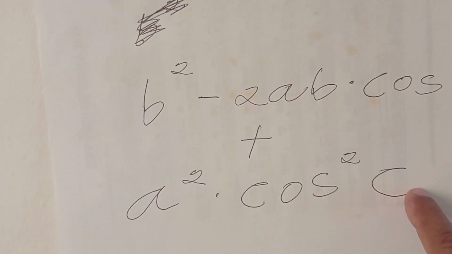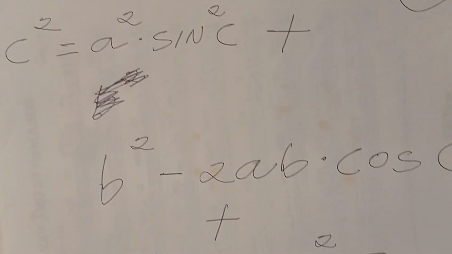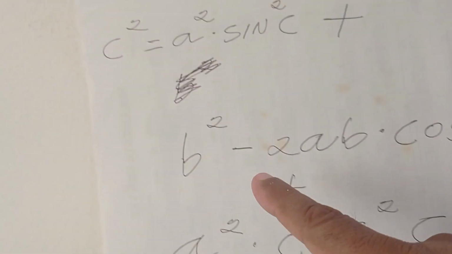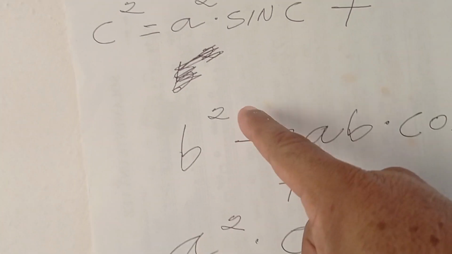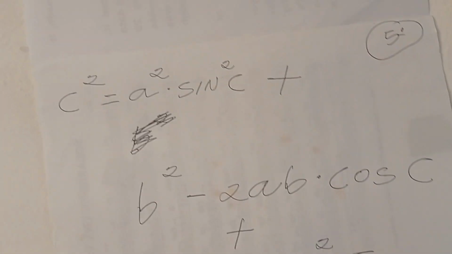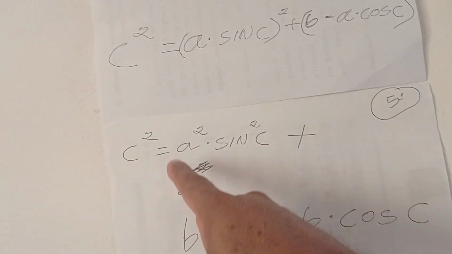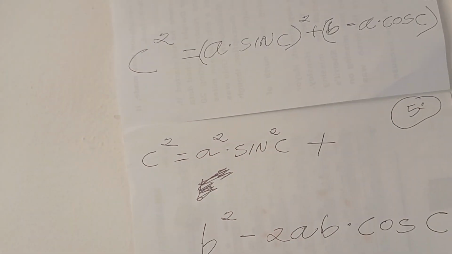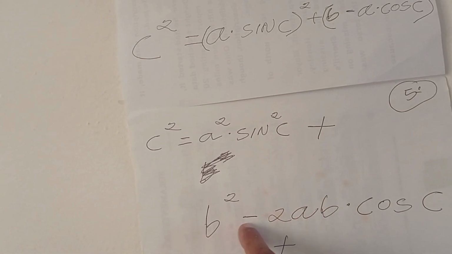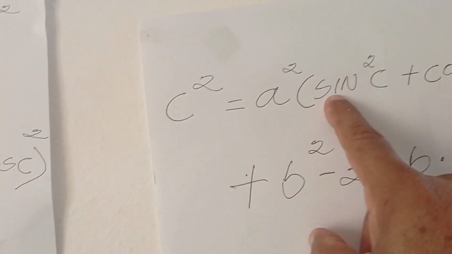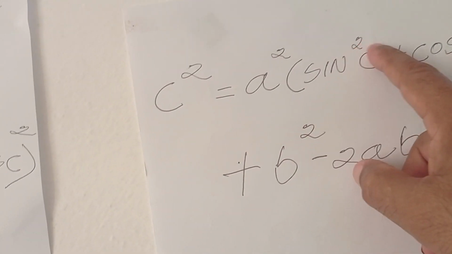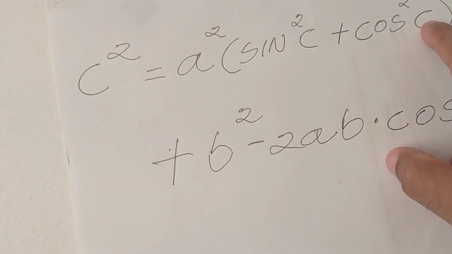Now we factorize: A squared is a common factor, A squared multiplied by sine squared C plus cosine squared C.